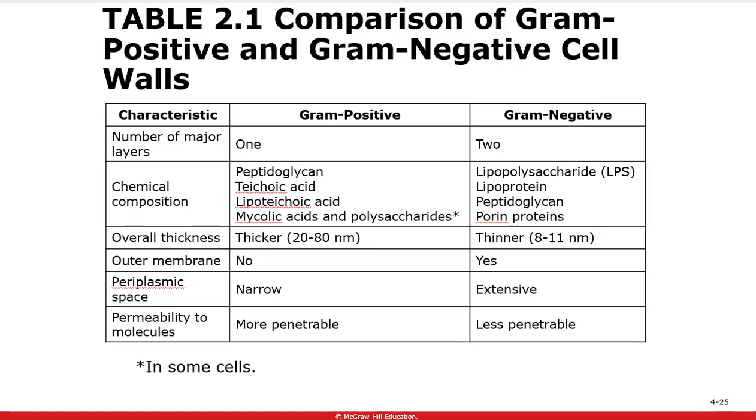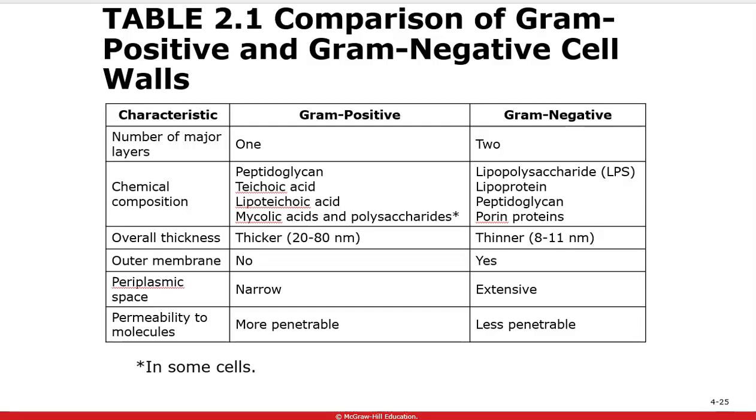So if you look at the two, here's the comparison. Number of layers, 1 in the gram-positive, 2 in the gram-negative. You can look at the chemical composition, but you can see the teichoic acids are not in the gram-negatives. The LPS is not in the gram-positives, okay? The overall thickness is completely different. Look at that, much thinner.